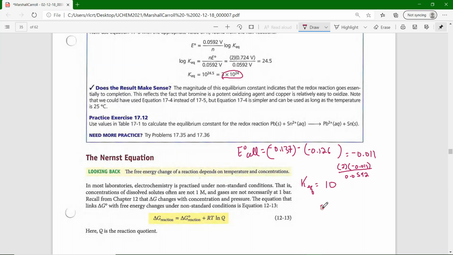So 2 times negative 0.011 divided by 0.0592, and I take the inverse log to the base 10, 0.42. Is that what the book says? 0.43, 0.425, fine, close enough. So you see that this process really doesn't happen in any great amount. So 0.42.